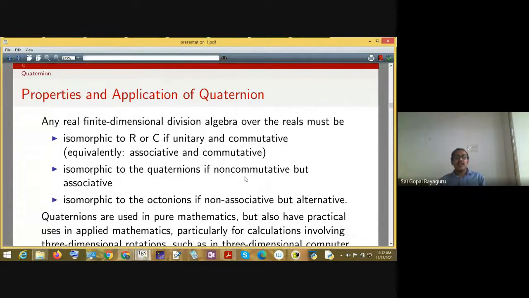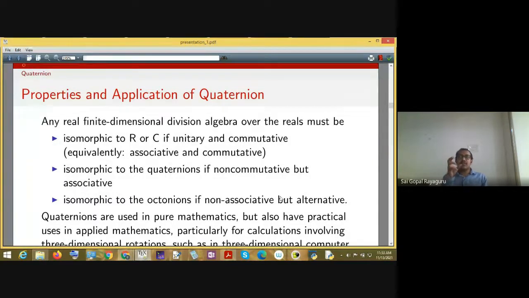Similarly, if we exclude both of these properties, associativity and commutativity, then the real finite-dimensional division algebra of dimension 8 is isomorphic to the octonions, because we are leaving out the associativity part and the commutativity part.